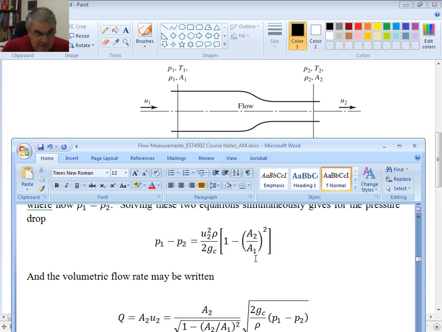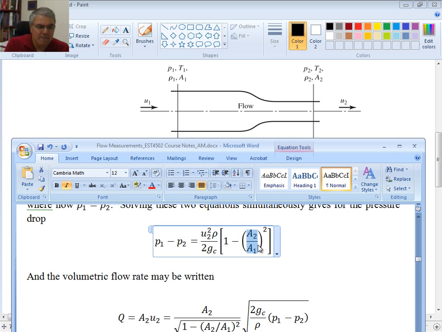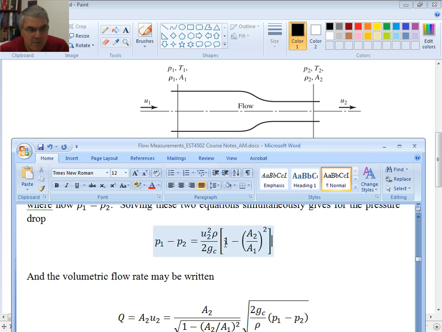If A1 is greater than A2, A2 divided by A1 would be less than 1. If A2 is the same as A1, that ratio would be 1, then this would be 1 minus 1, which is 0 inside the bracket, and as such, P1 minus P2 would be 0.